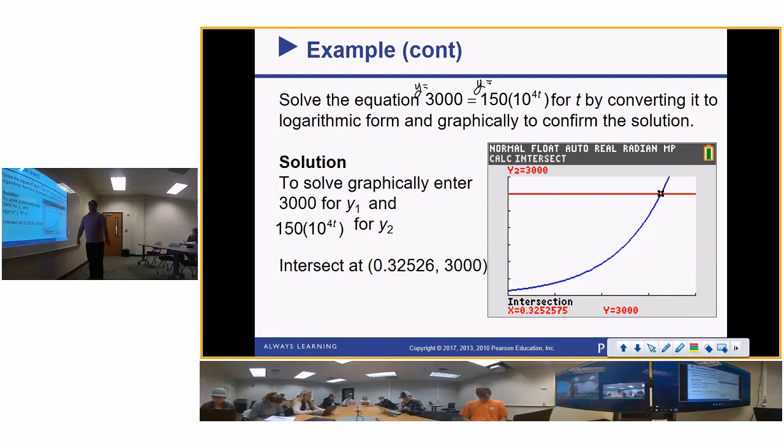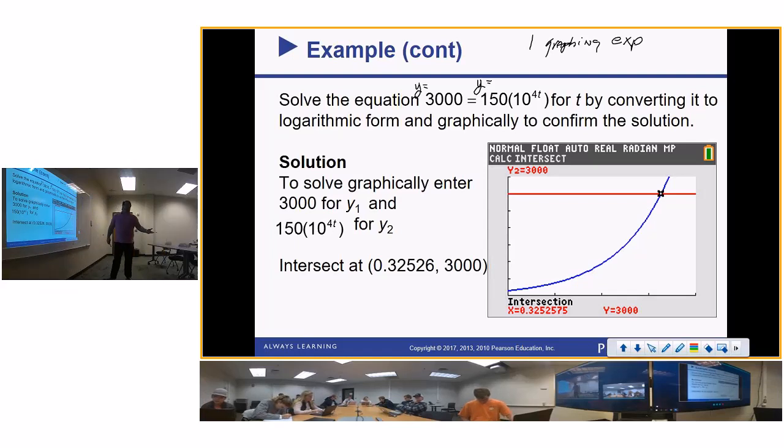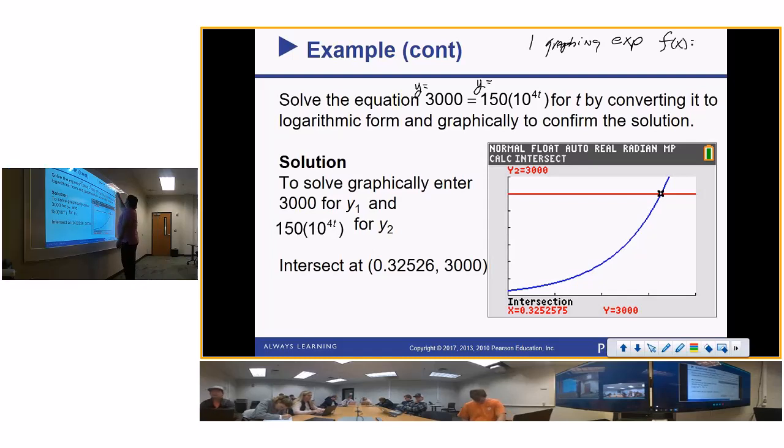Which one are you going to be tested on, the first one or this one? The first one. Now, is this a 10% question? Yes. I'll go ahead and tell you. You will get one graphing an exponential. We did that in the first section, 5.1: f of x is equal to 2 to the x power.